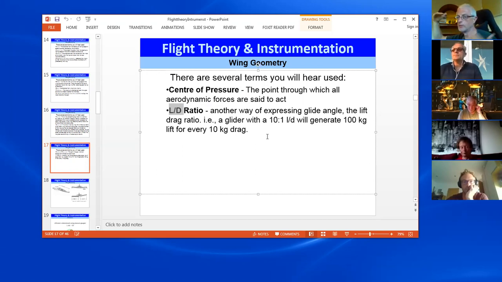In other words, for every 10 meters you travel, you'll drop a meter. That's obviously quite theoretical. It assumes you're flying in smooth air with no lift, no sink, and no other things going on. But the main thing is lift drag and glide ratio are the same thing. That's the key thing you need to know.